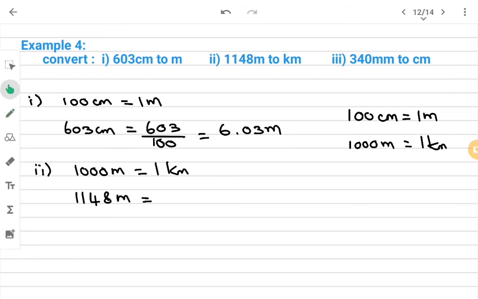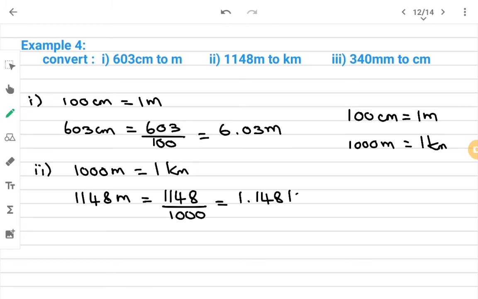So what we have to do? We have to divide this by this. So 1148 divided by 1000. While you are dividing by tens, 100, 1000, you have to move the decimal towards the left side. How many zeros are there? 3 zeros. So decimal is moved 1, 2, 3.